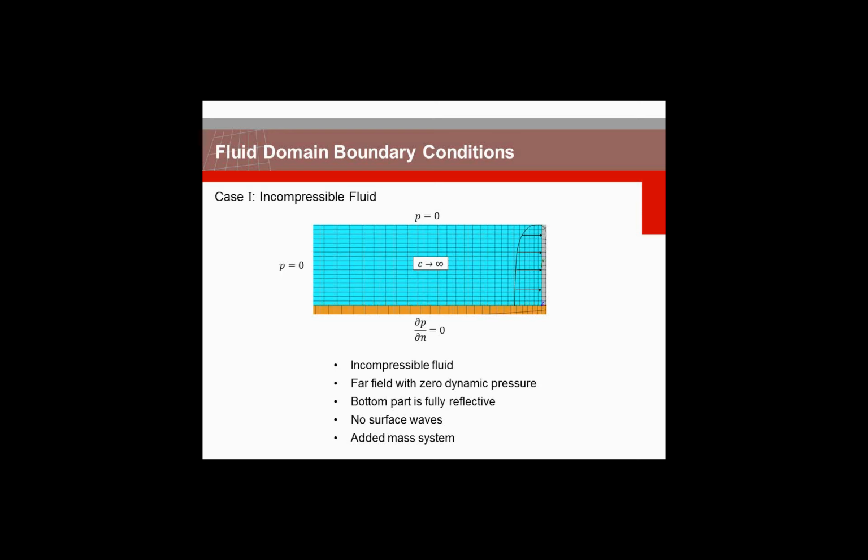This means that we have an incompressible fluid, and the far field, that is the left boundary, is set to 0 dynamic pressure, the top as well, and the bottom part is fully reflective. So the waves that hit the bottom of the fluid are reflected in the opposite direction. There are no surface waves, and this is a classic added mass system.